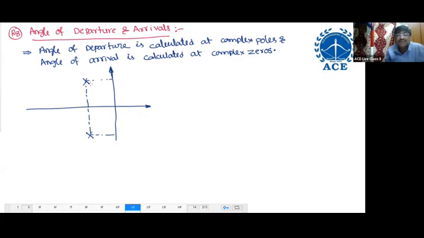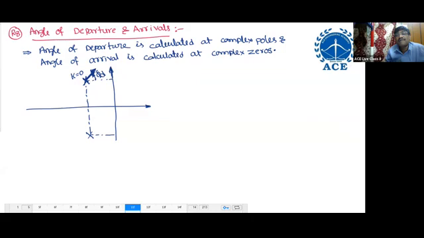As k increases, for example here k equals 0, it should move in some direction. With what angle the pole departs from the initial position is given by the angle of departure.